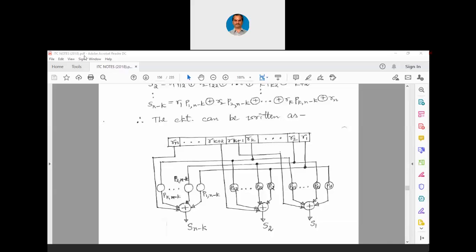A 2-input XOR gate will have A B-bar plus A-bar B, meaning it will have how many transistors? A into B-bar plus A-bar into B. So you will have 4 transistors at the bottom and 4 transistors at the top, totally 8 transistors. Along with that you need 2 more inverters for A-bar and B-bar. That way you will have 4 plus 4, 8, plus 2 plus 2. Totally 12 transistors are required for the implementation of one XOR gate.